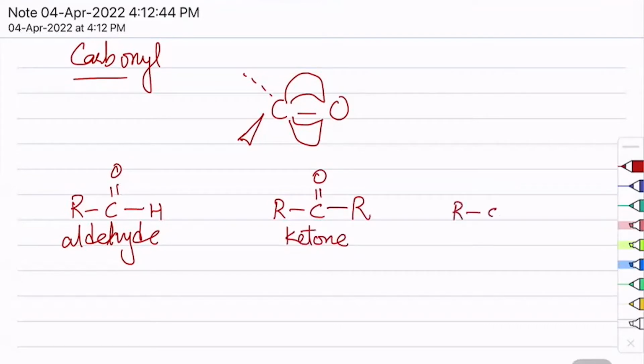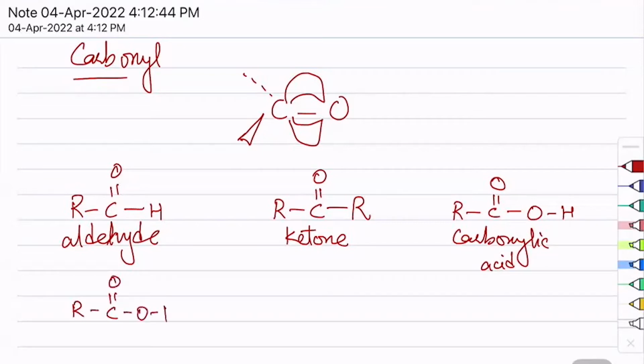If this thing is OH, we call them carboxylic acid. And this you are already familiar with. And if this thing is O with an R, we call them ester.